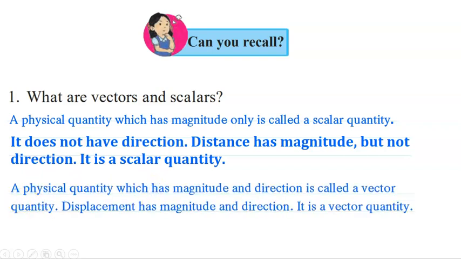A physical quantity which has magnitude and direction is called a vector quantity. Displacement has magnitude and direction, therefore it is a vector quantity. To express a vector quantity we require magnitude as well as direction.